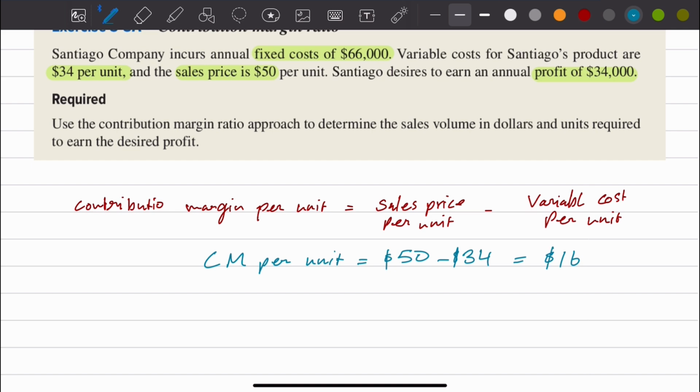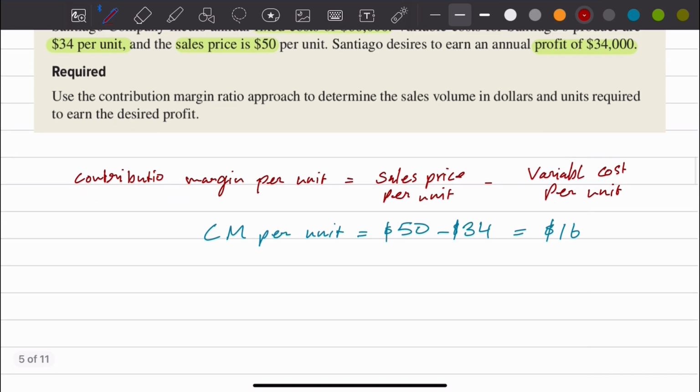Now we still need to find the contribution margin ratio. So we're going to need this formula: contribution margin ratio equals the contribution margin per unit that we just calculated divided by the sales price per unit.